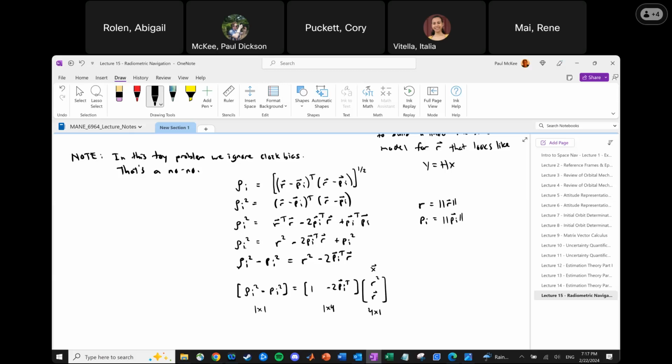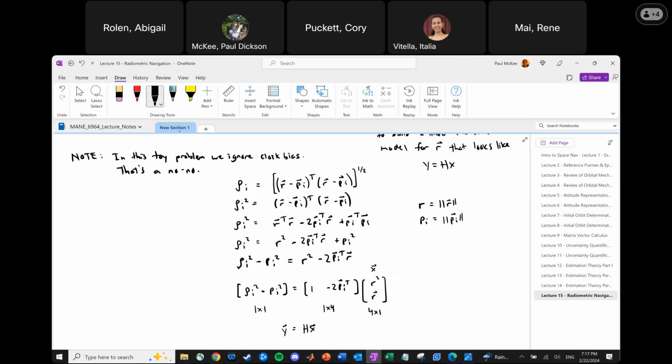Ultimately, we can scale this up to get something that looks like Y equals HX. And we can solve in the least squares sense for R, which is what we care about, and then this other r squared term that we don't care about as much, which is kind of redundant information. But that is a trilateration toy problem.